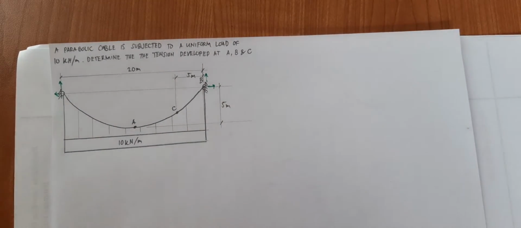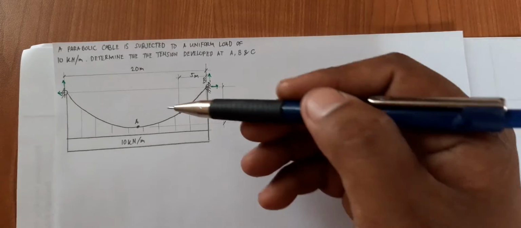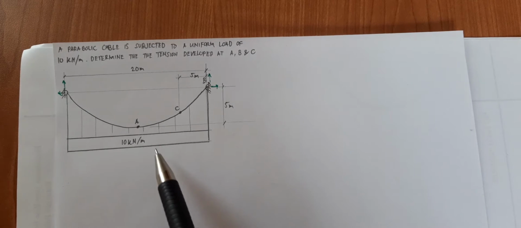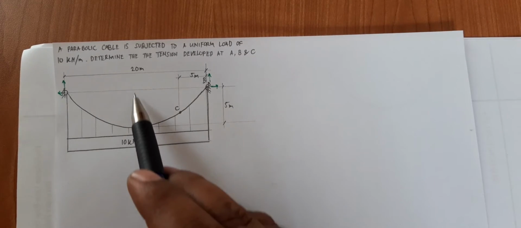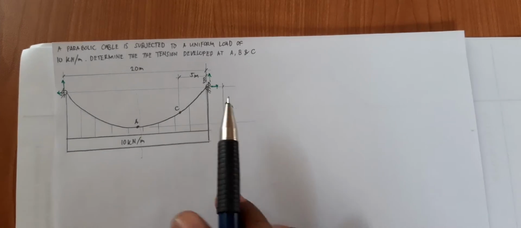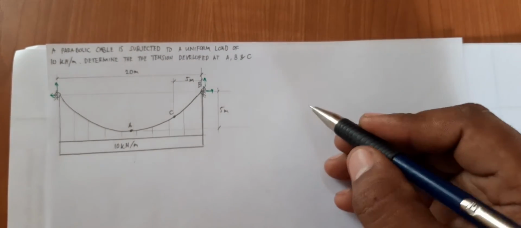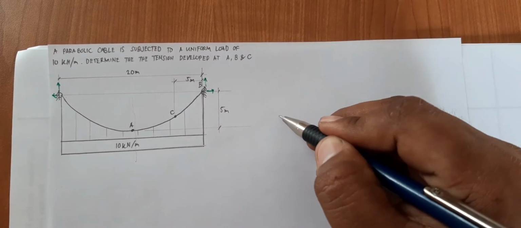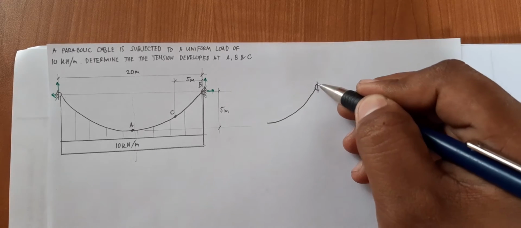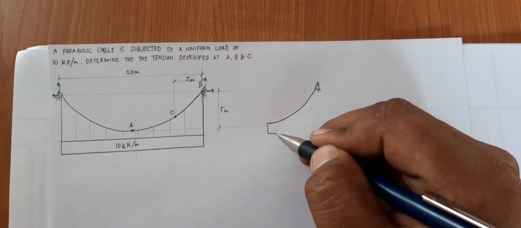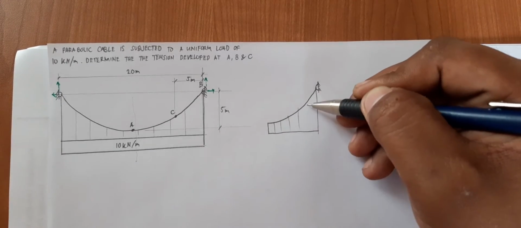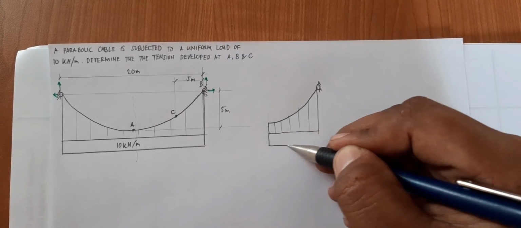So let's begin by passing a section through A because it's the easiest way to calculate your tension at the lowest point. If you pass a section here, isolating this one, taking it as one free body, you would have your system.